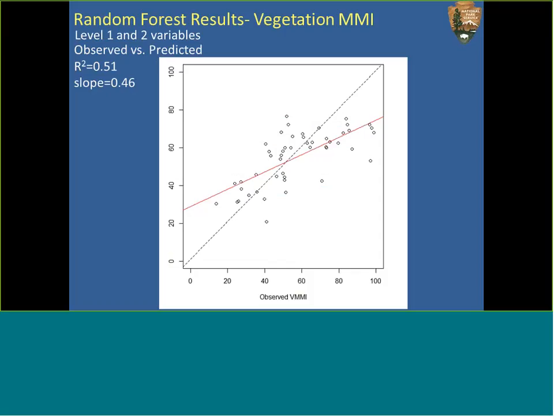So in this plot, this is observed versus predicted VMMI. The expected outcome would be a slope of 1 and an R squared of 1. You never really have that in the real world, but having an R squared of 0.5 is really high. I rarely see an R squared that high. And the slope being less than 1 suggests that the random forest is under-predicting high scores and over-predicting low scores.